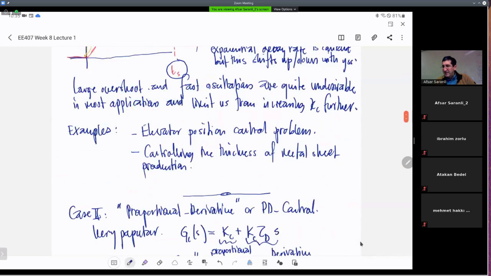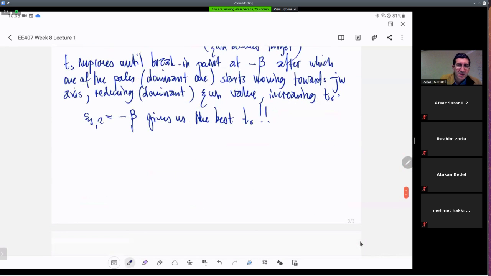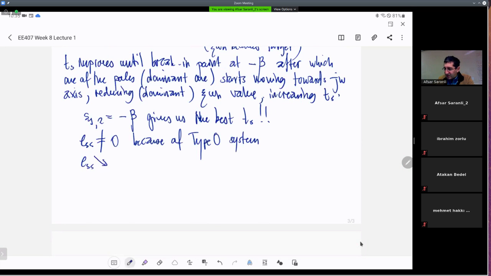So we still have a type 0 system, so ESS is still not 0 because of the type 0 system. ESS will decrease with KD increasing, but a compromise between ESS and the settling time is S1,2 equals minus beta, which is the best compromise.